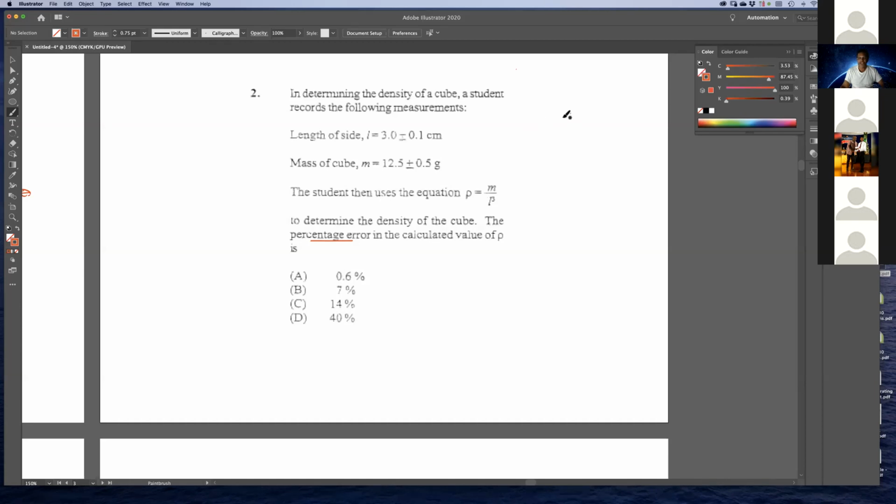And the percentage error form of this equation would be delta rho over rho by 100 must be equal to delta M over M by 100 plus, because it's L cubed, it becomes 3 delta L over L by 100.